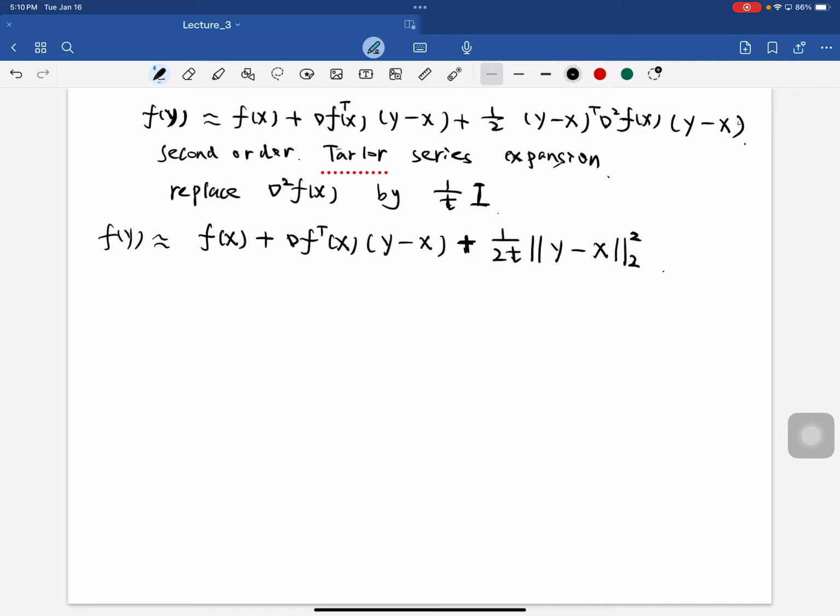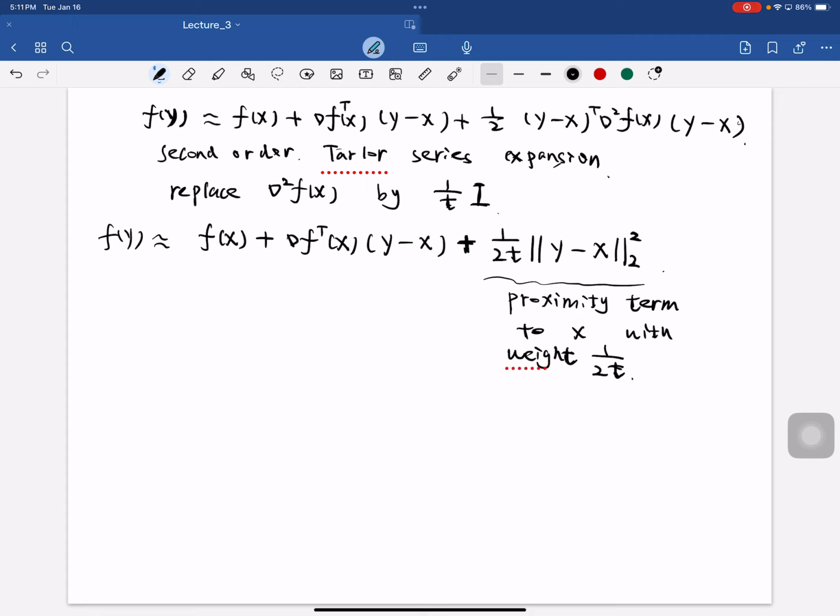So in the literature, usually people call this term a proximity term to x with weight one over 2t.